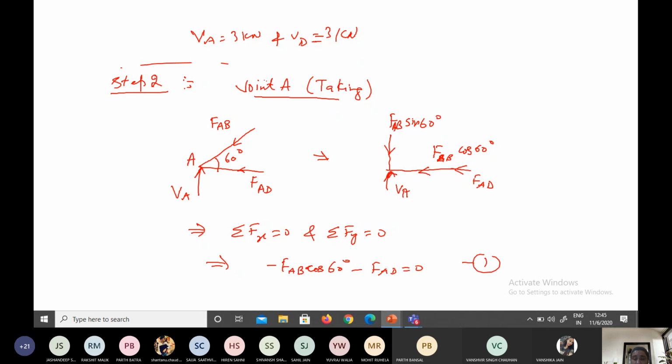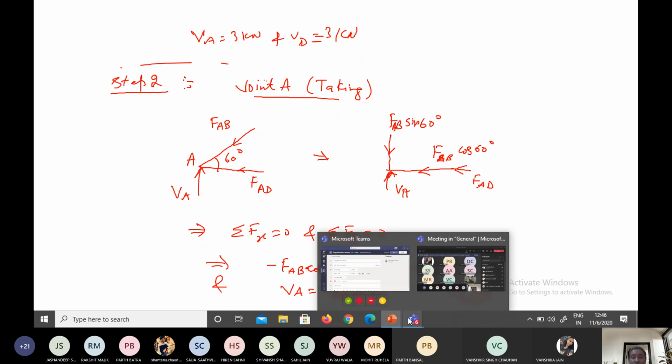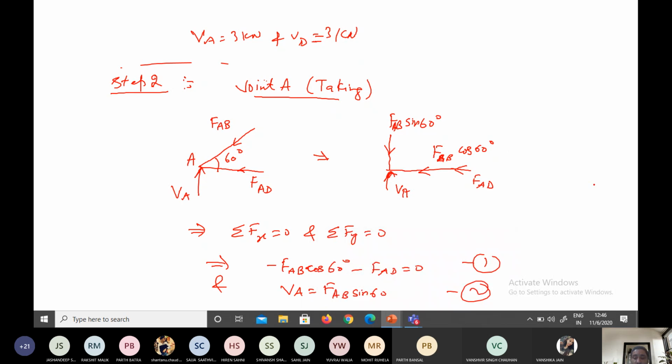This is equation number 1. And for vertical force, what will be there? This is equation number 2. So from these two equations, tell me the value what you are getting for FAB and FAD. Sir, FAB is 3.46.